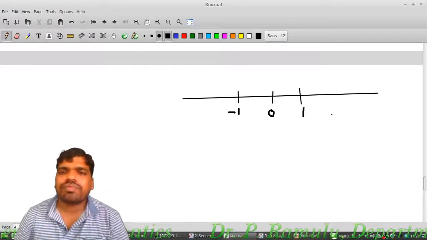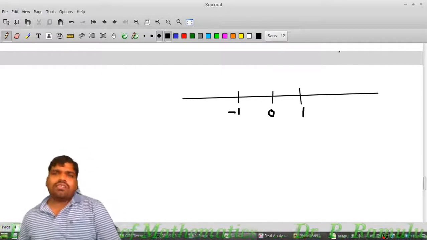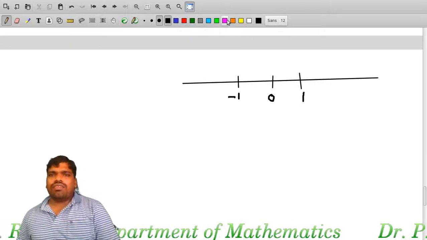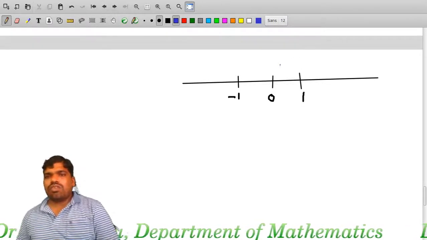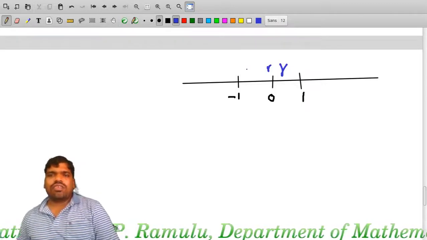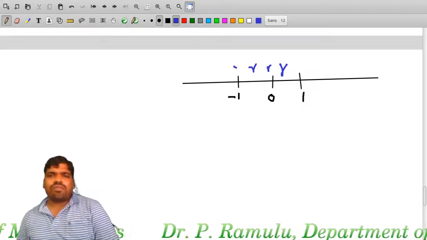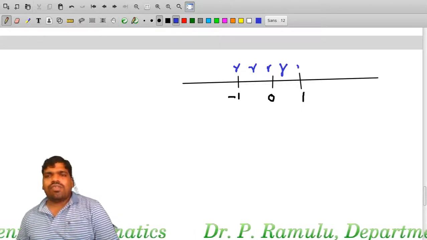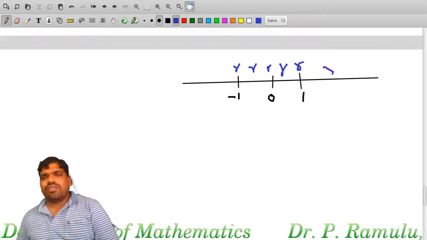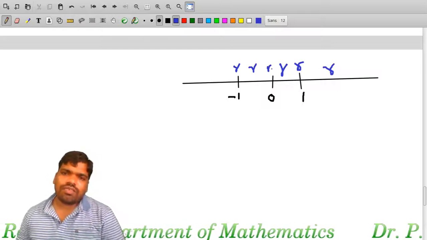That means I would like to find the nature of the sequence in 5 cases, depending on where r lies. So these cases I would like to show.